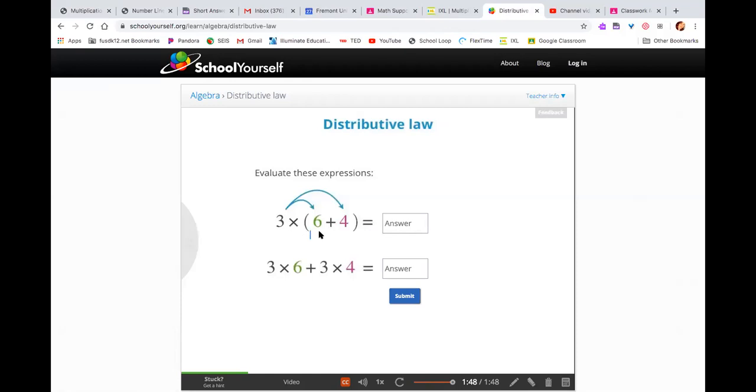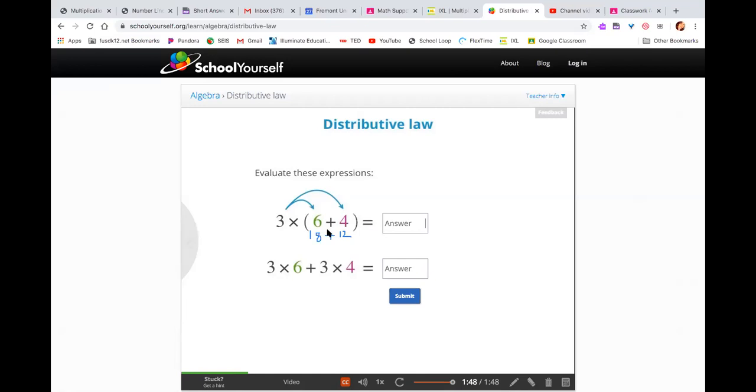Okay. And then what is 3 times 4? 12. Okay, so we simplify that to 18 plus 12.